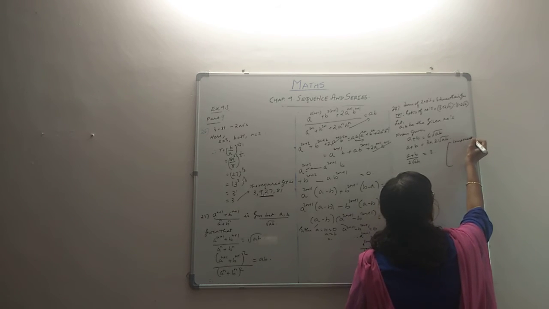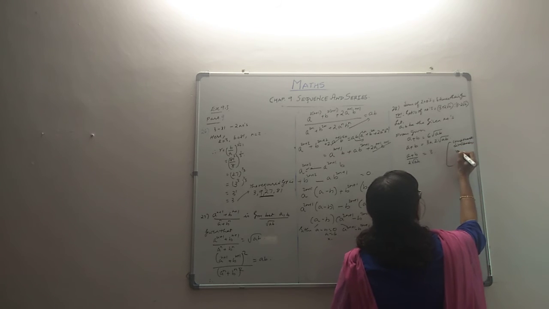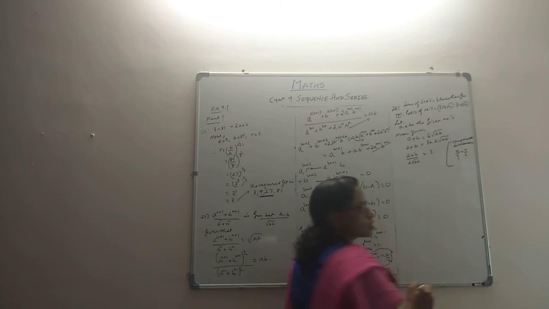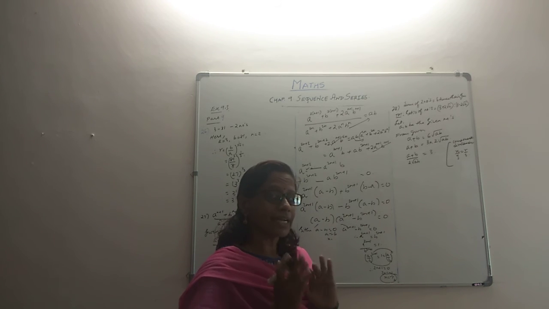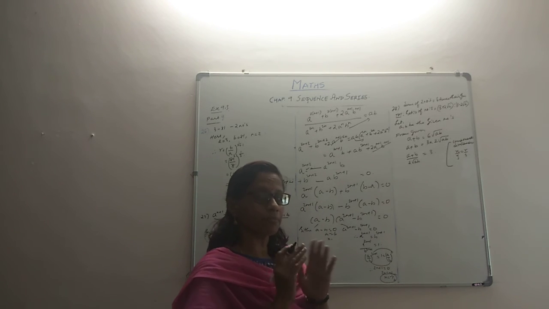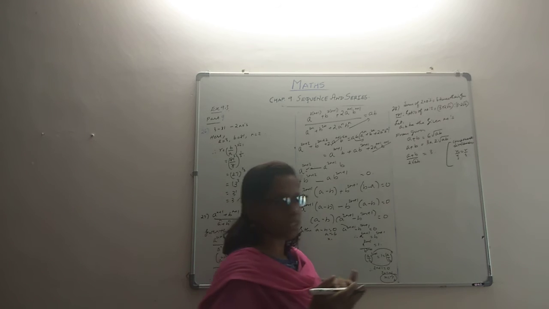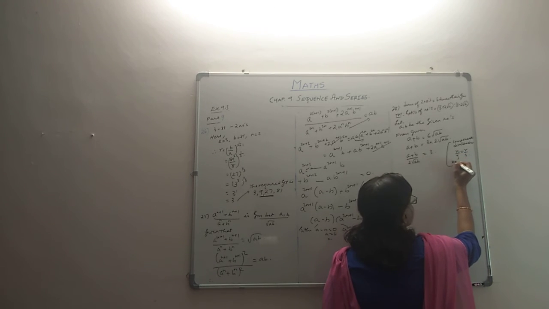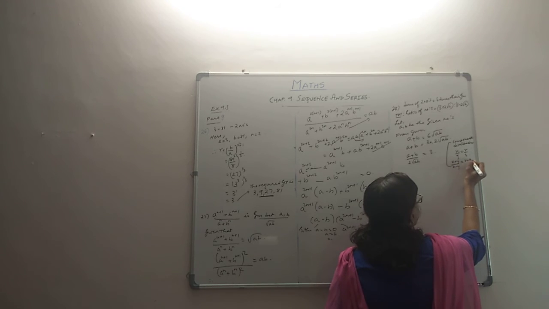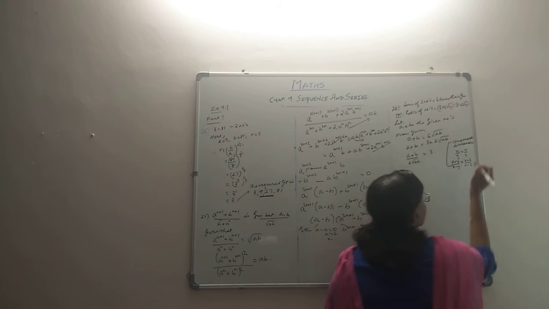It says that suppose you have a ratio x by y equal to r by s, then by this componendo dividendo property you can add and you can subtract the numerator and denominator. So x plus y by x minus y equals r plus s by r minus s.